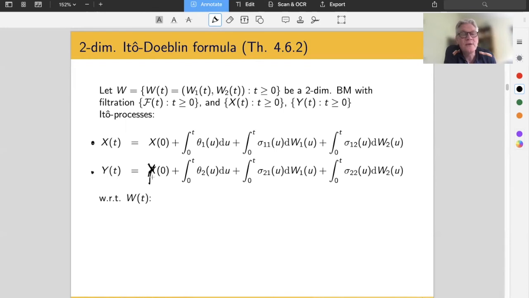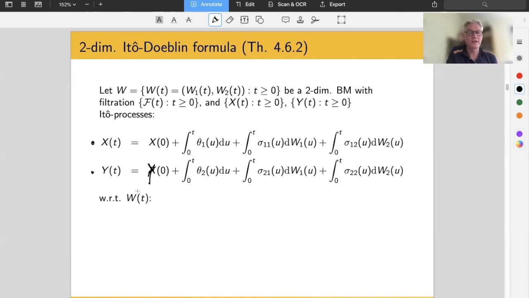Y(t) is equal to Y(0) plus the integral from 0 to t theta_2(u) du plus the integral from 0 to t sigma_21(u) dW1(u) plus the integral from 0 to t sigma_22(u) dW2(u), with respect to our W(t).